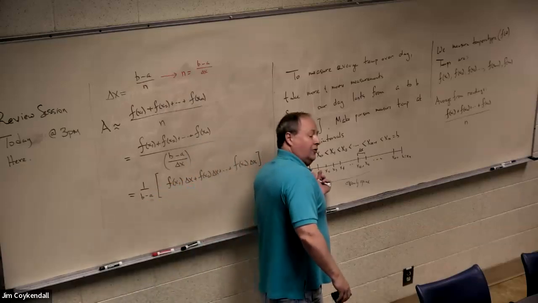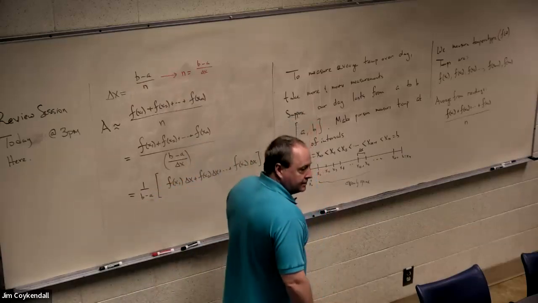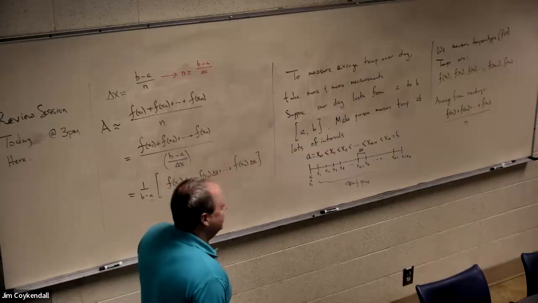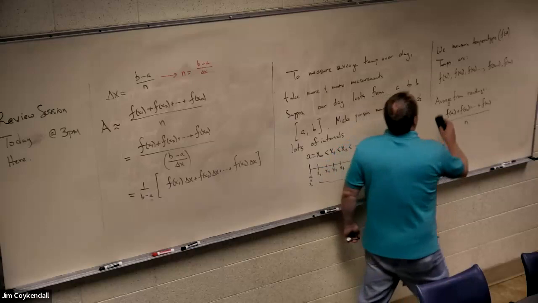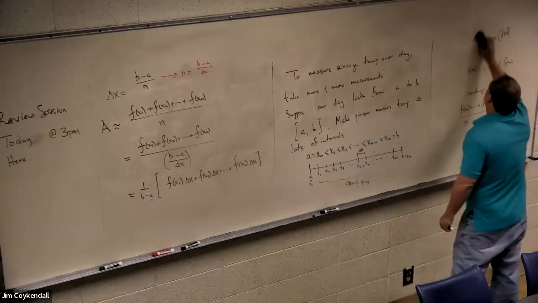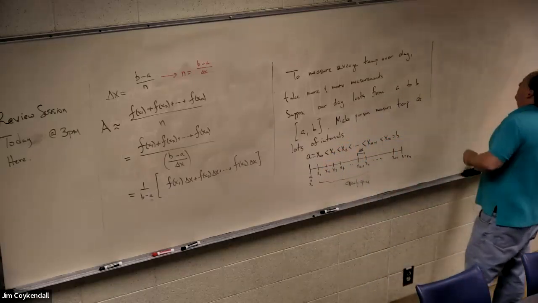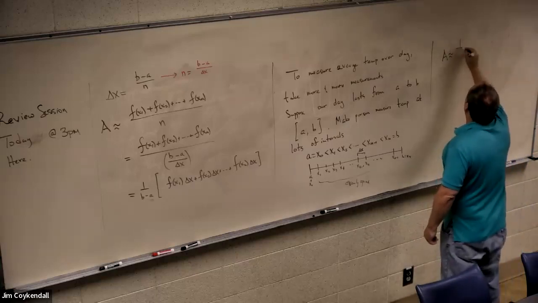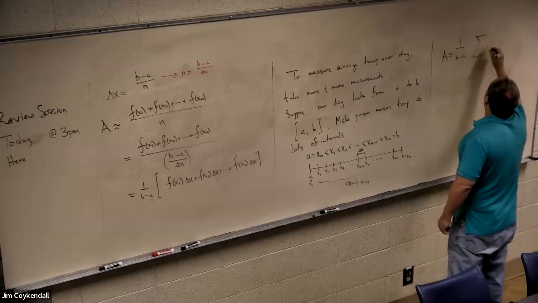Delta x is just the timing. Right, okay? Now, check this out. My average temperature is approximately 1 over b minus a. And I want you to concentrate on the second.